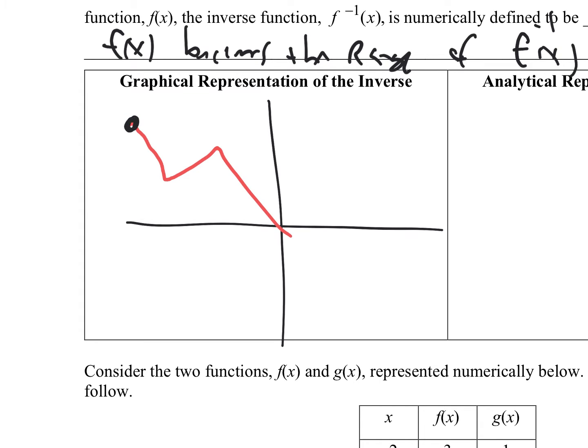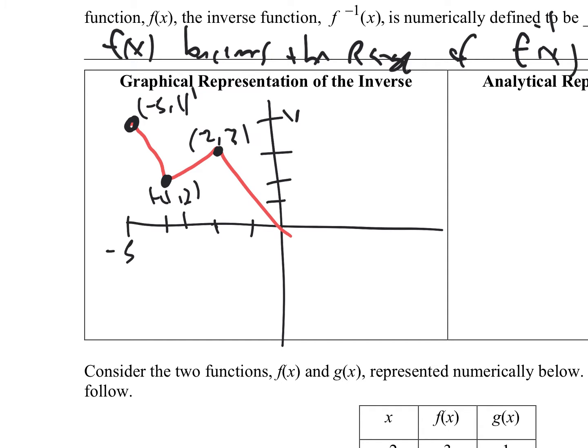Let me call this 1, 2, 3, 4, 5, -5, 1, 2, 3, 4. We'll call that point -5, 4. That would make this point -4, 2. That would make this point -2, 3. That would make this point 0, 0.